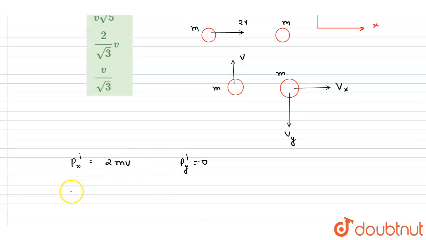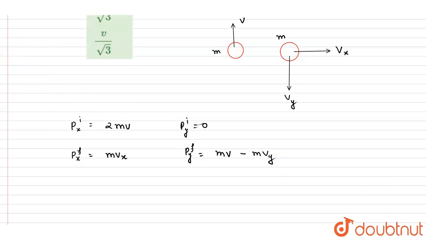After the collision, this has vx velocity and this has velocity in the y direction. And the final momentum in the y direction: this mass m is moving with velocity v in the upward direction, so I will put it with a positive sign, and this is moving downward with a negative sign.